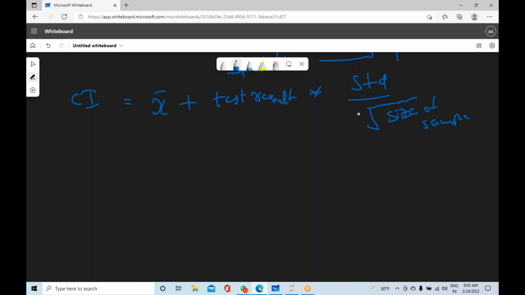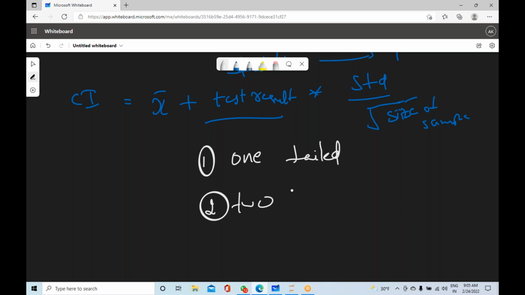See guys, we will do this test in two ways. There are two types of tests: one is the one tail test, and the second one is the two tail test. From the one tail test, again we have the Z test as well as the T test.